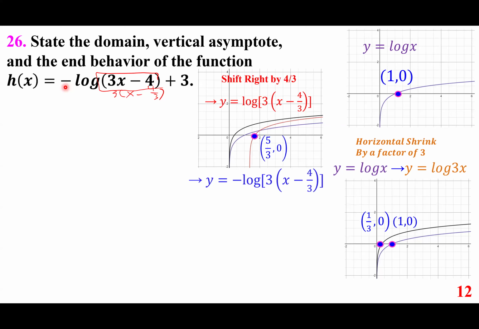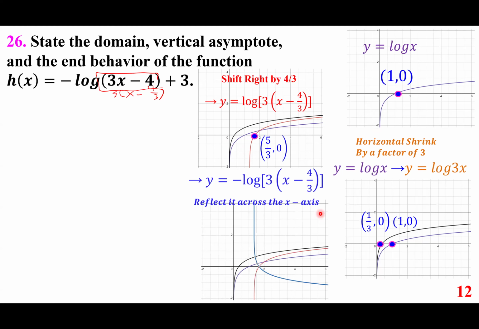If you put negative in front of this, the graph flips over with respect to the x-axis. So reflect across the x-axis. So this one, the red one, now flips over.